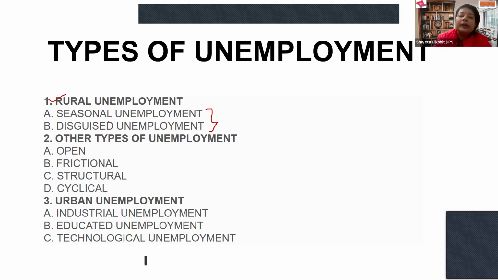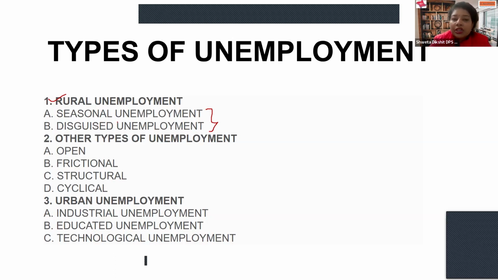So the one who is employed for certain seasons in a year is known as seasonal unemployed person. On the other hand, the one who is working beyond the absorption capacity of the employment nature is known as disguised unemployment. You can better understand this by the examples.